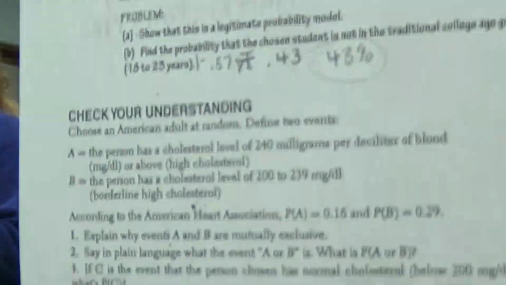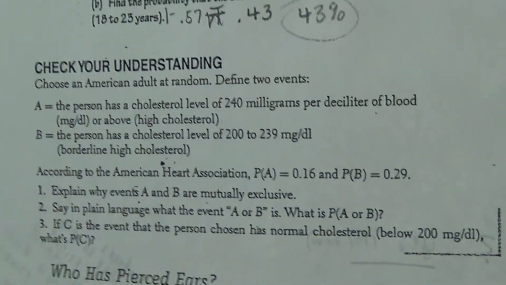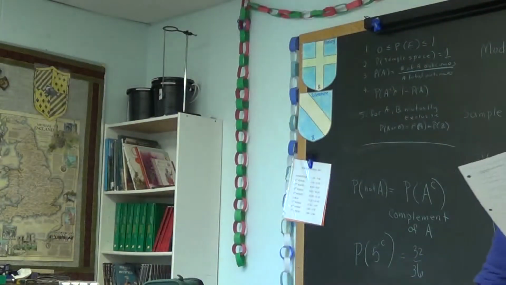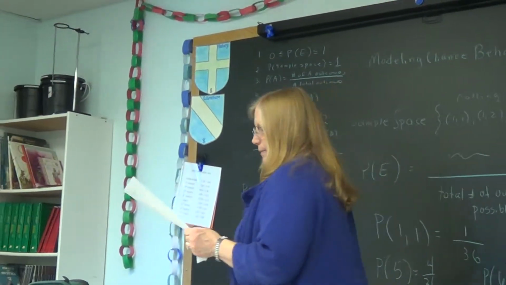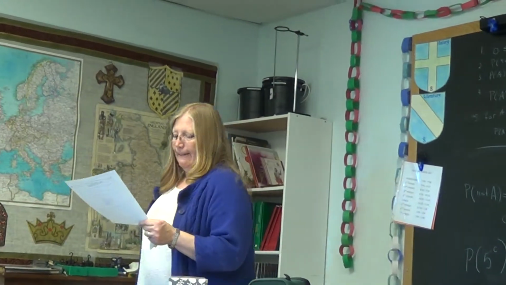So, explain why events A and B are mutually exclusive. Remember, A is when you're at 240 and above. B is when you're between 200 and 239. So Caleb, do you think they're mutually exclusive? Can you be in both of those categories at once?